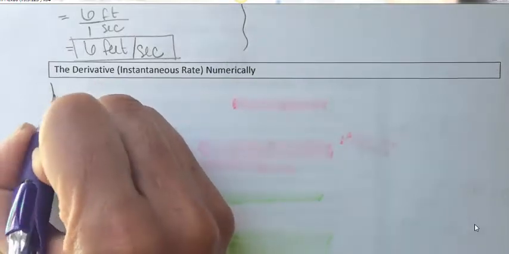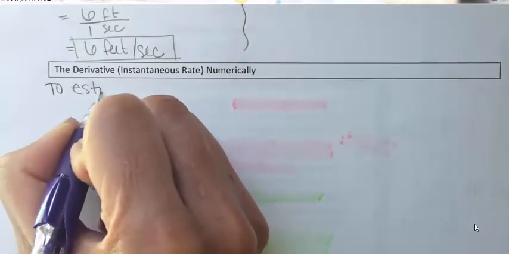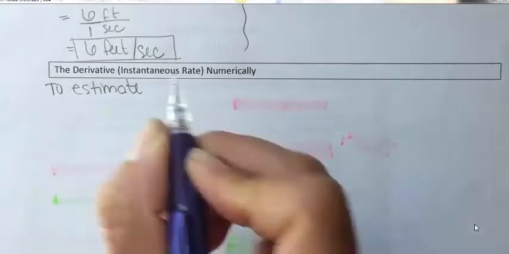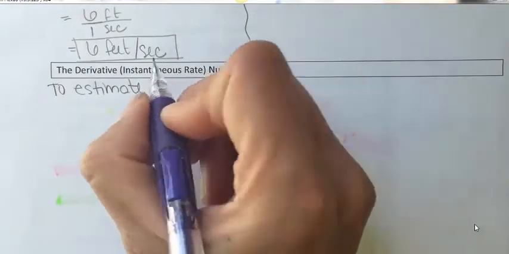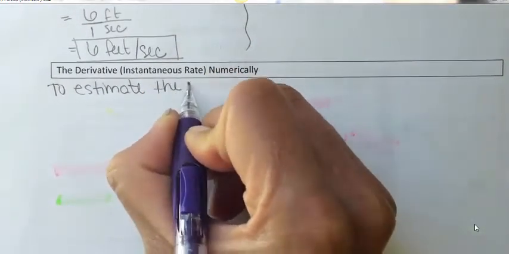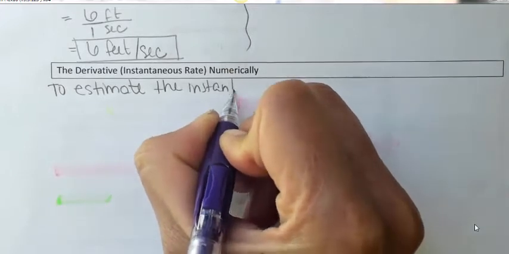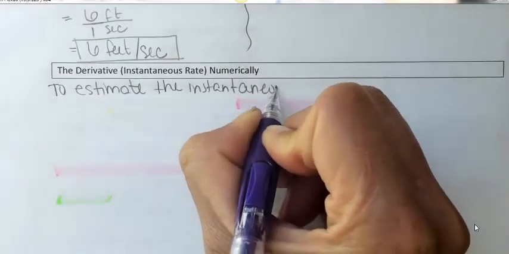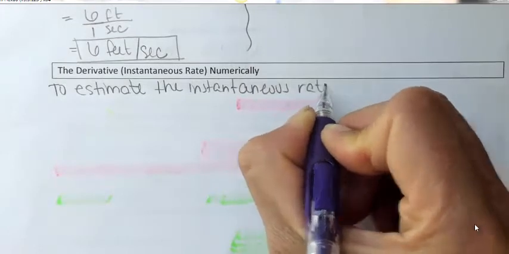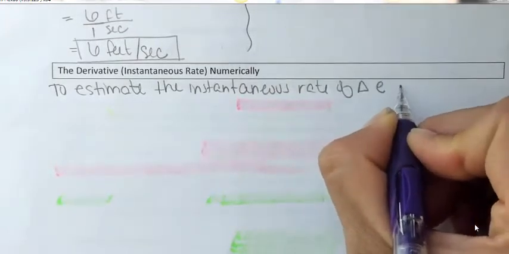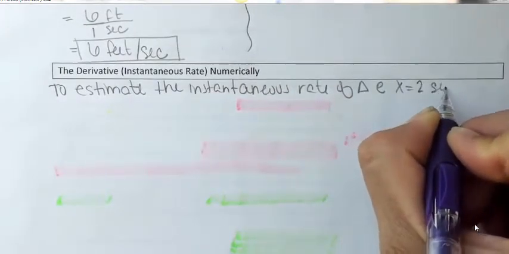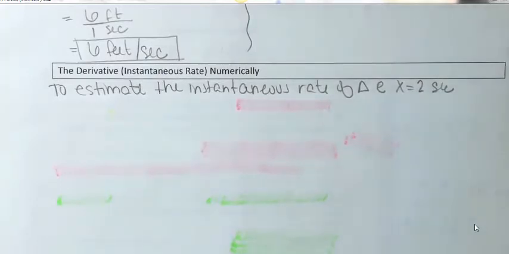So to estimate the instantaneous rate of change at x equals 2 seconds, the first thing you're going to do, so let's see. So why am I saying 2 seconds?